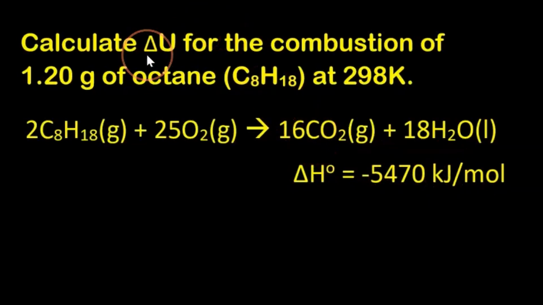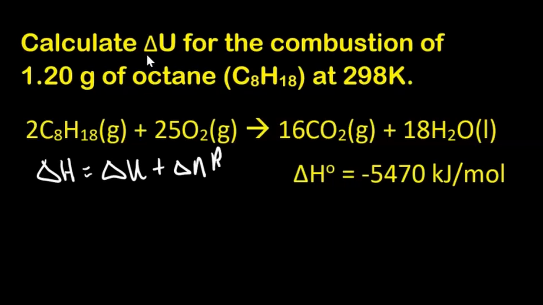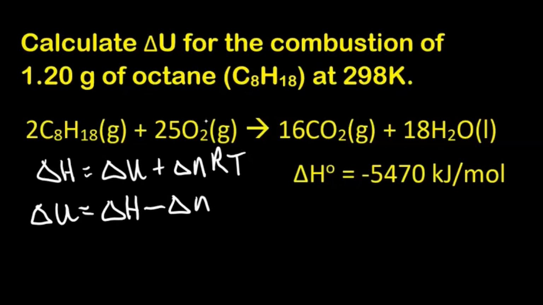So we want the change in internal energy, so we're going to use the same equation like we did before. The change in enthalpy equals the change in internal energy. And then this time we're going to go straight to the change in moles times RT because we're not given any information about pressure and volume. So we want the change in internal energy, so we'll solve for that, equals the change in enthalpy minus the change in the moles times RT.